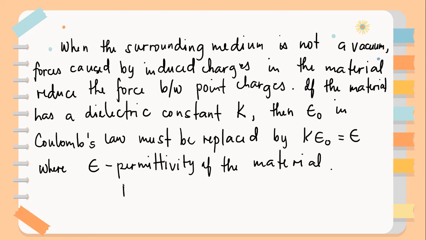Then we have F is equal to Q1 Q2 over 4 pi epsilon r squared, with the permittivity of the material equal to K epsilon naught.